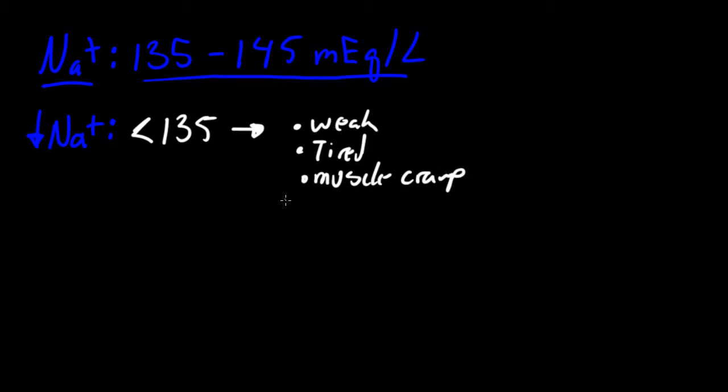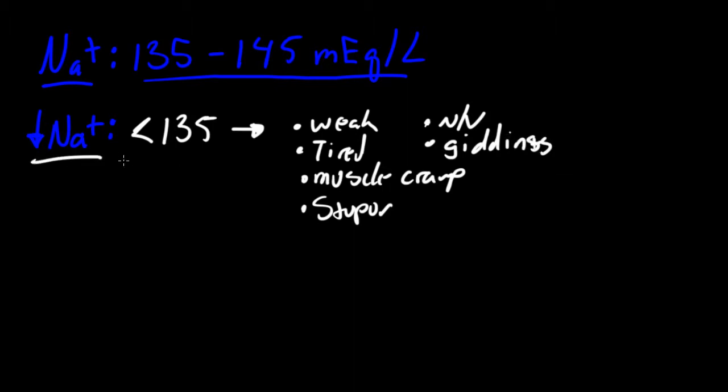They might be stuporous. Nausea and vomiting might be signs that their sodium's low, but like I said, it's not very specific. And finally, the Respiratory Care book states that the patient might be giddy. I thought that was interesting. I've never heard that before. So giddiness is a clinical manifestation of hyponatremia.